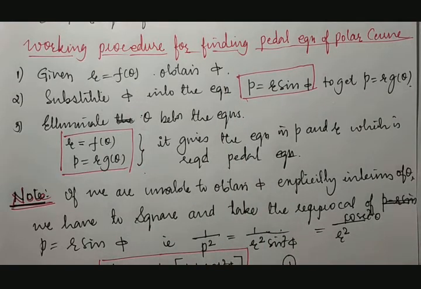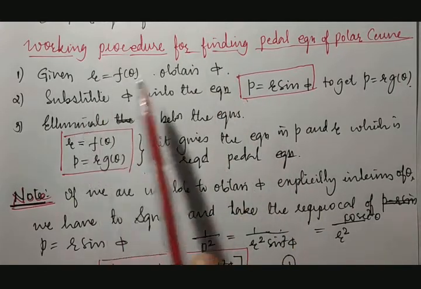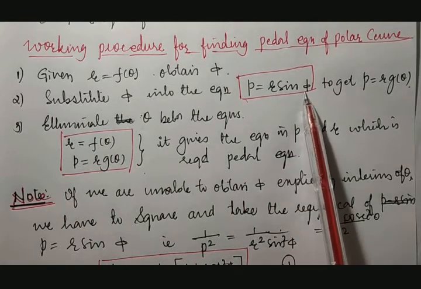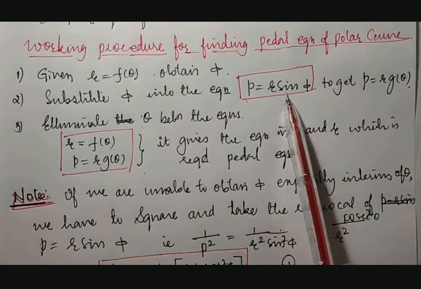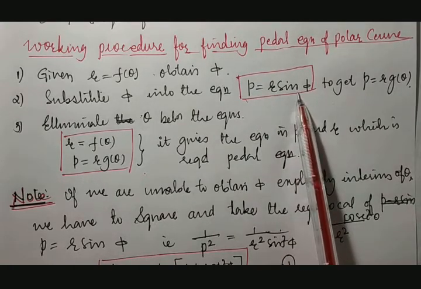Already we discussed how to obtain the value of psi. Psi is nothing but the angle between radius vector and tangent that has to be calculated. After calculating that, this value of psi has to be substituted in the equation p is equal to r into sine psi, which is nothing but an expression of perpendicular from pole to the tangent.